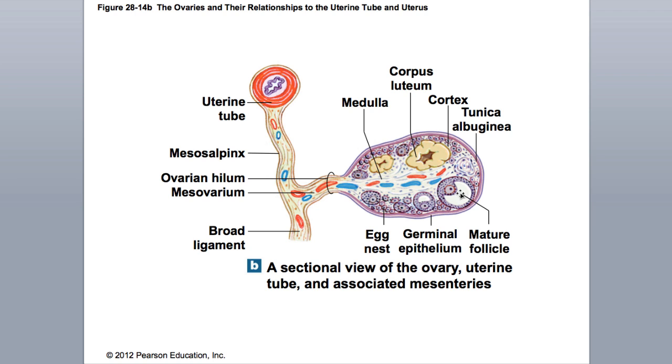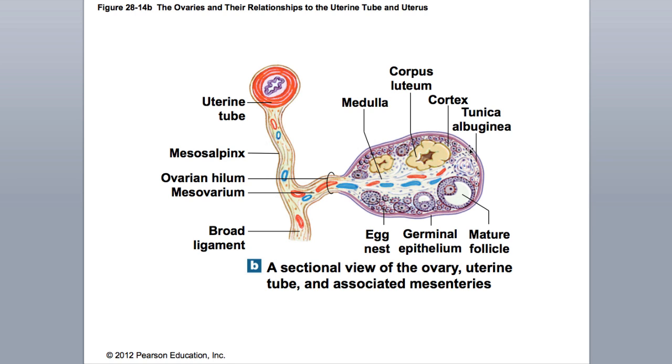Now, what happened here, not shown in this picture, is that as these primordial follicles developed and turned into a mature follicle, it actually spit out a secondary oocyte. Not shown here, but it's mentioned. A secondary oocyte was released.